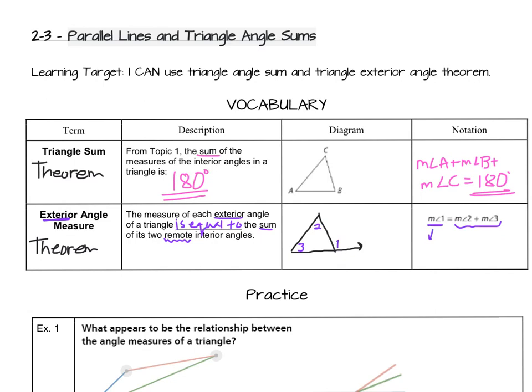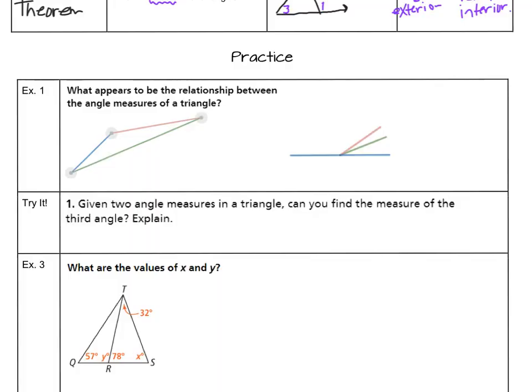So 1 is exterior, on the outside of the triangle. 2 and 3 are called remote interior. Remote means they don't touch the original angle, and interior means they have to be on the inside of the triangle. So far we're not dealing a lot with parallel lines, but these rules have a lot in common with things pertaining to parallel lines.